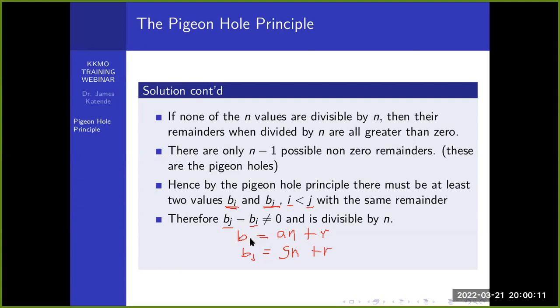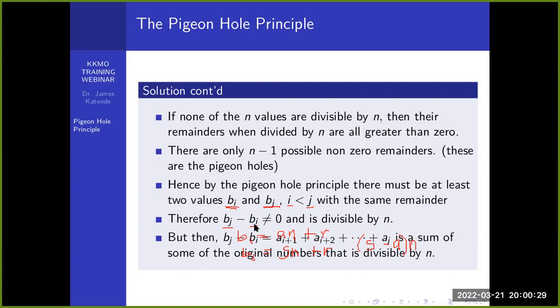If I subtract B_i from B_j, I end up with S minus A multiplied by n. But what is B_j minus B_i? It is the sum of all these numbers, and it is divisible by n.